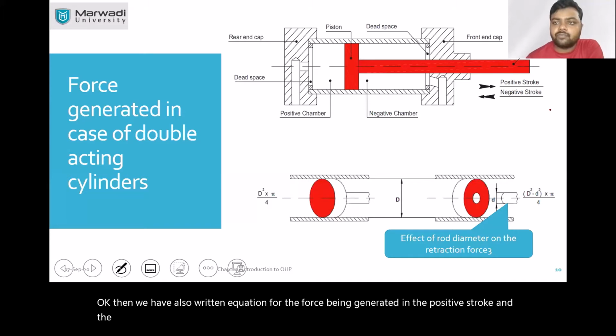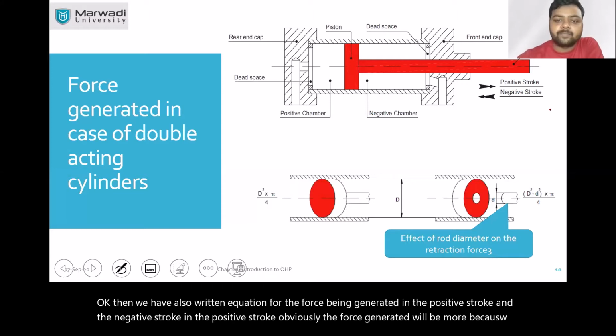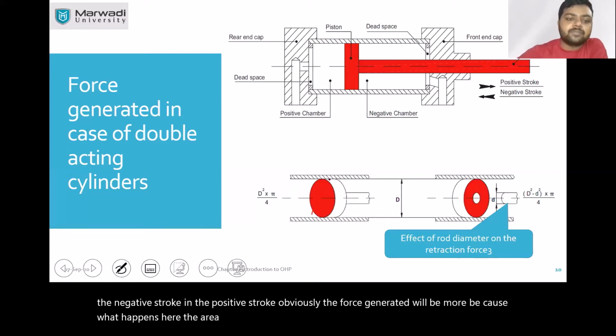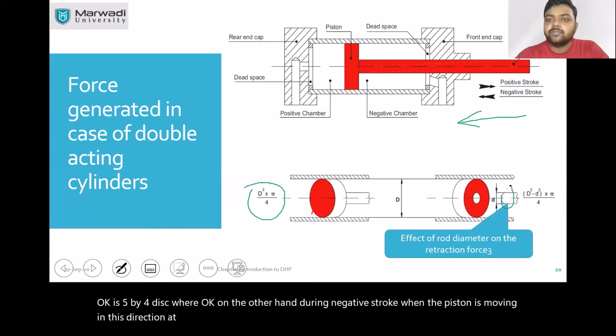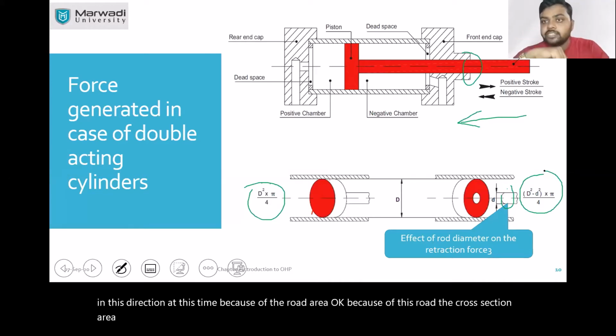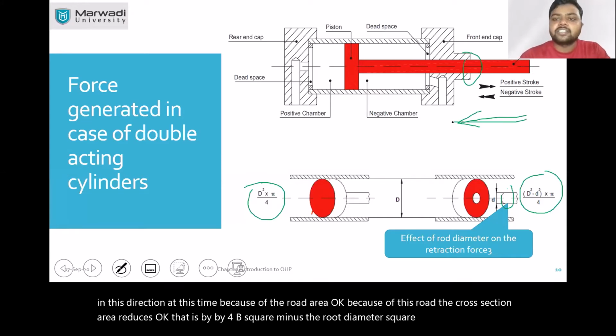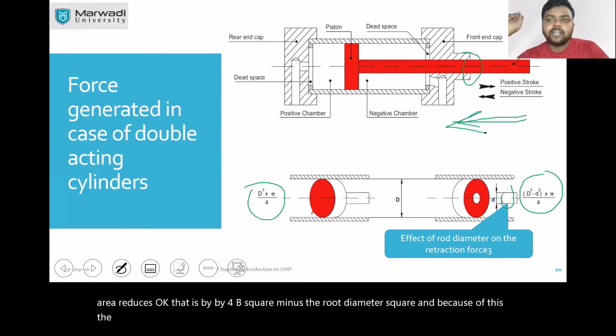In the positive stroke, the force generated will be more, because the area against which the air acts is pi by 4 d square. On the other hand, during the negative stroke, because of the rod, the cross-section area reduces. That is pi by 4 times d square minus the rod diameter square, and because of this, the force generated in the negative direction is a little less than the force in the positive stroke.